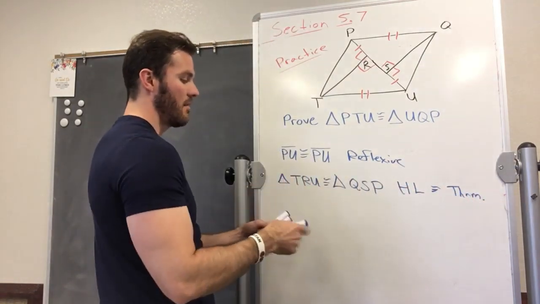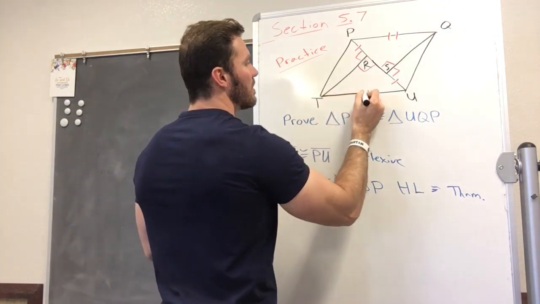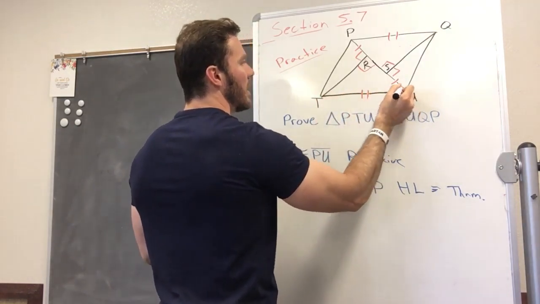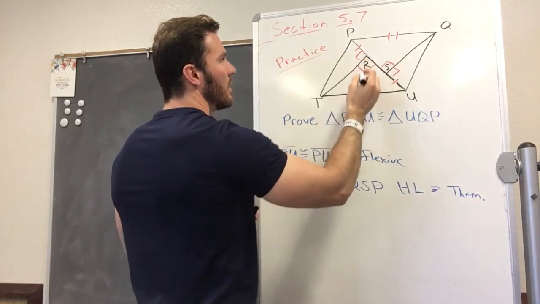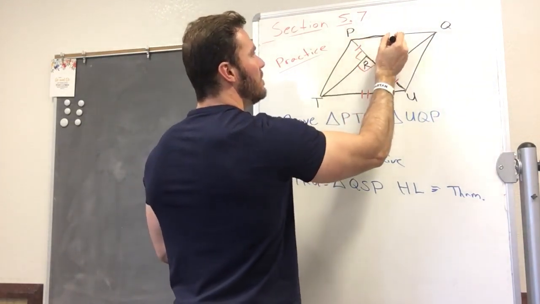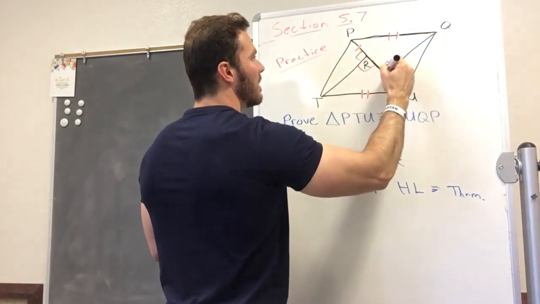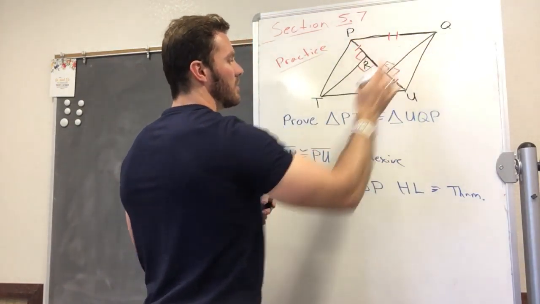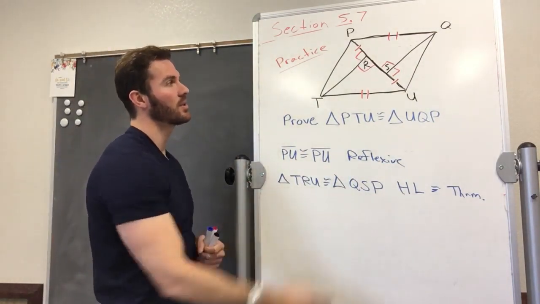If that is still tricky, hypotenuse, leg of this triangle. Hypotenuse, leg of that triangle. Alright, so we know those are congruent to each other.